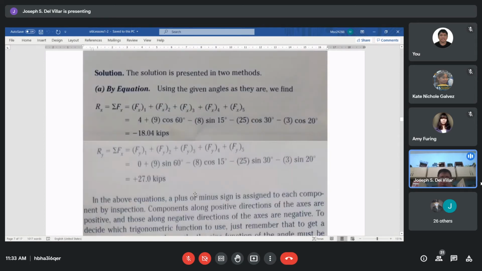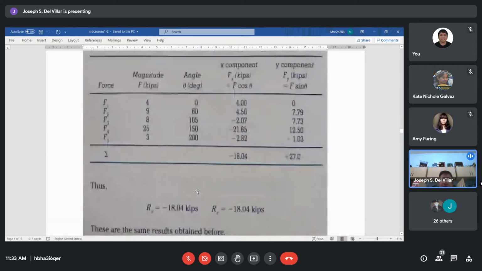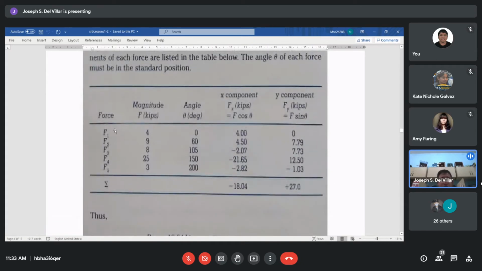Okay? So ito yon. So gawin nyo only 3 columns. Huwag nyo nang idagdag itong second and third. Wala naman tong significance, no? Ang importante, ito first column, second column, and then last column. Tatlo lang. The column for the forces, the x component of the force, the y component of the force. So ito yung first row, yung title, at ito yung last row, summation.